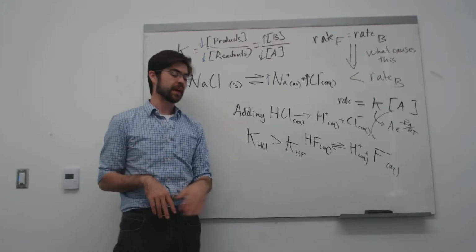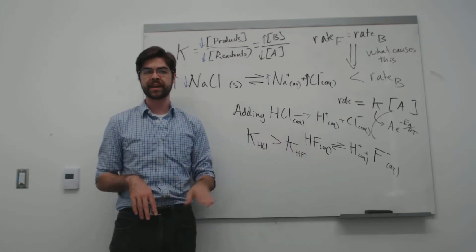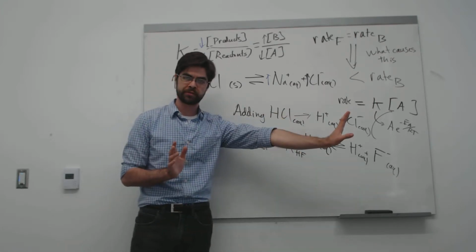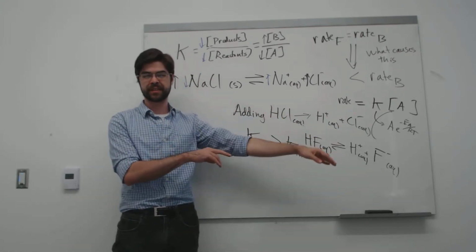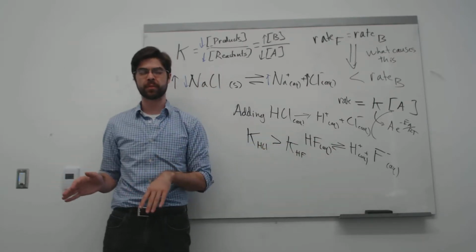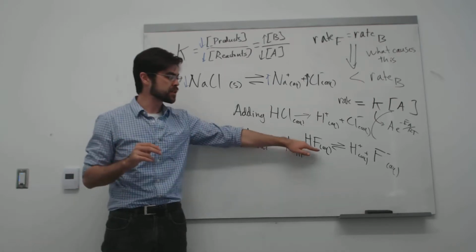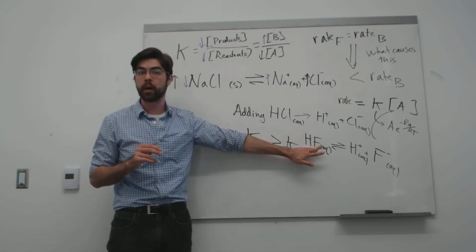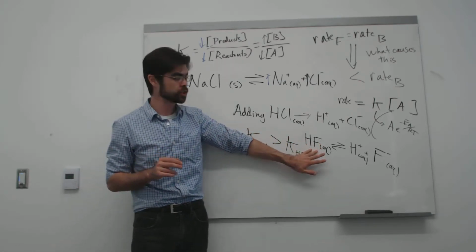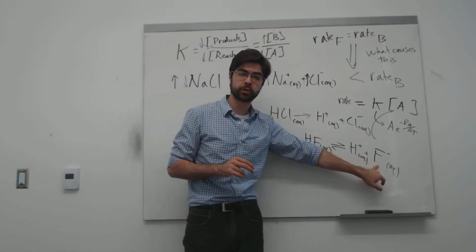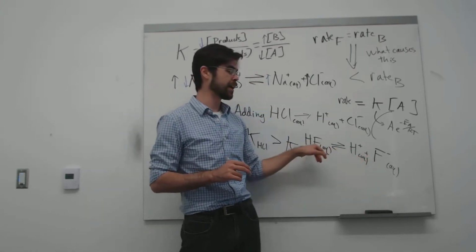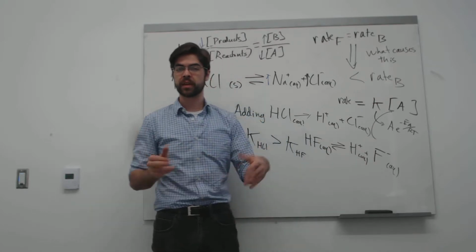And furthermore, because HF is a weak acid, it doesn't strongly favor the products. It doesn't completely dissociate. If you have a solution of hydrofluoric acid, you will have a significant amount of HF molecules dissolved in solution, and you will have some fluoride ions and hydronium ions. You'll have all three of these species in solution.